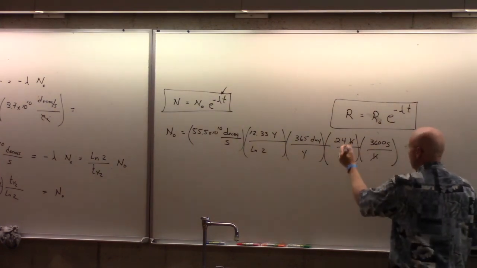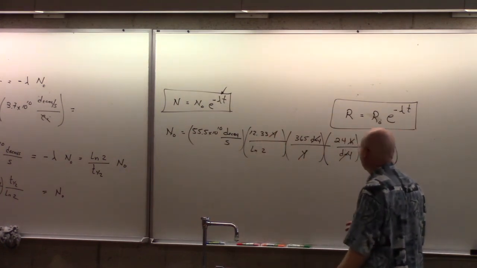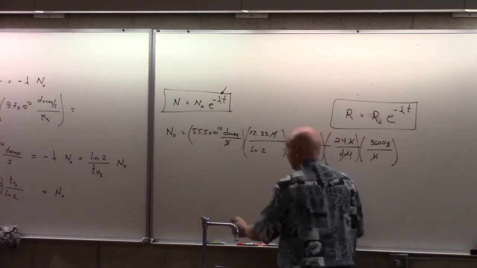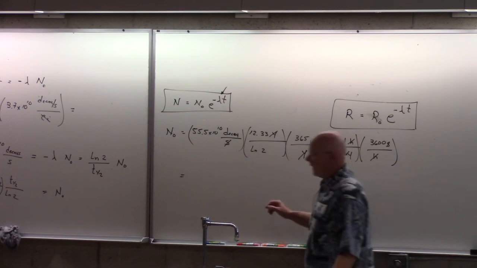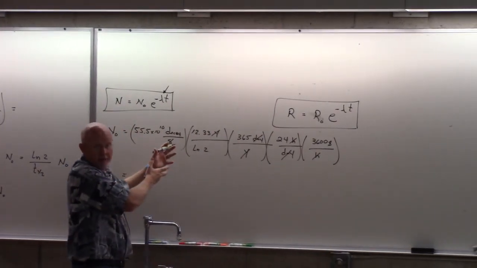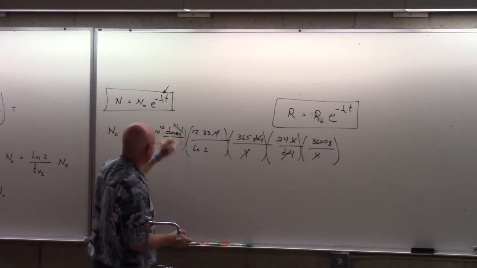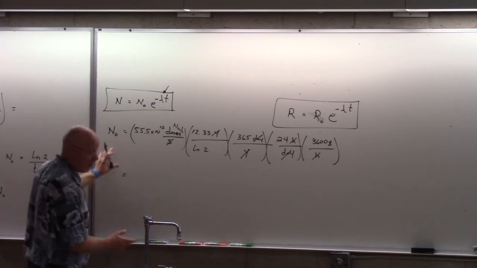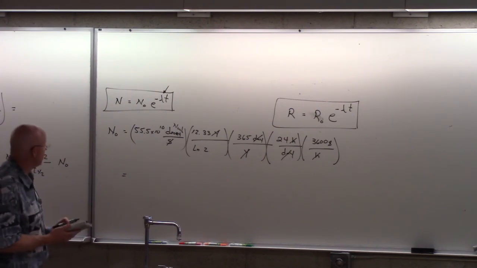The hours will cancel off, the days will cancel off, the years will cancel off, the seconds will even cancel off. And maybe I shouldn't think of this as a unit, decay. This is just a clarifier of how many decays. This is actually then a number, just how many happened. So I don't have any units, which is exactly what I want. I want to know how many atoms I started with based on this radioactivity.